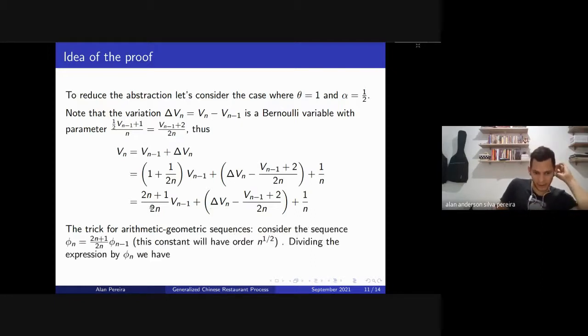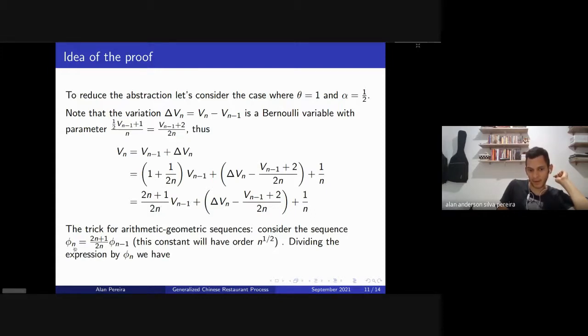And here is where the parameter phi n appears, because we can take phi n exactly to control this arithmetic geometric sequence.